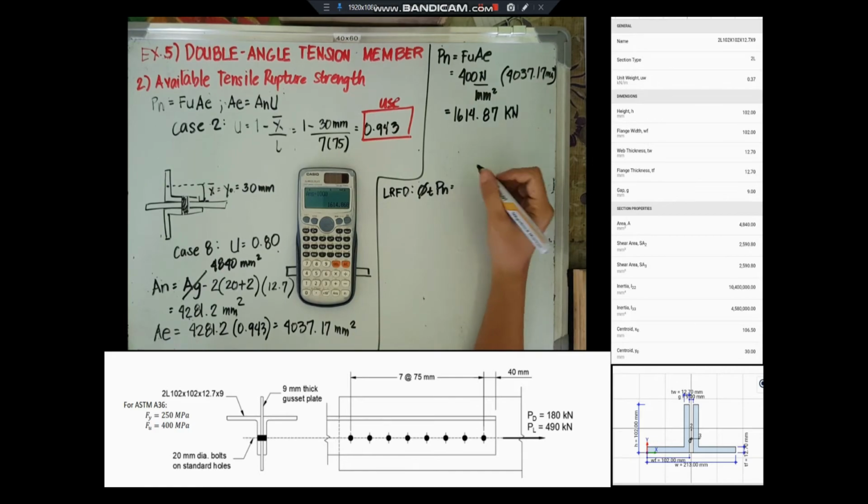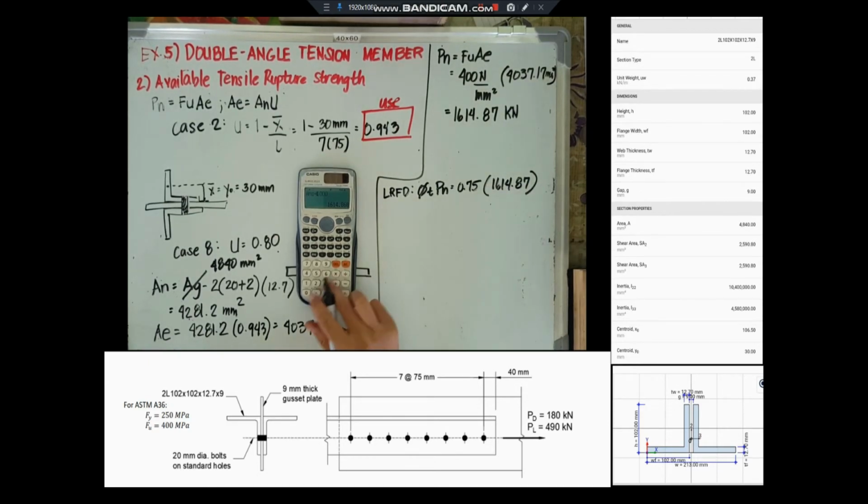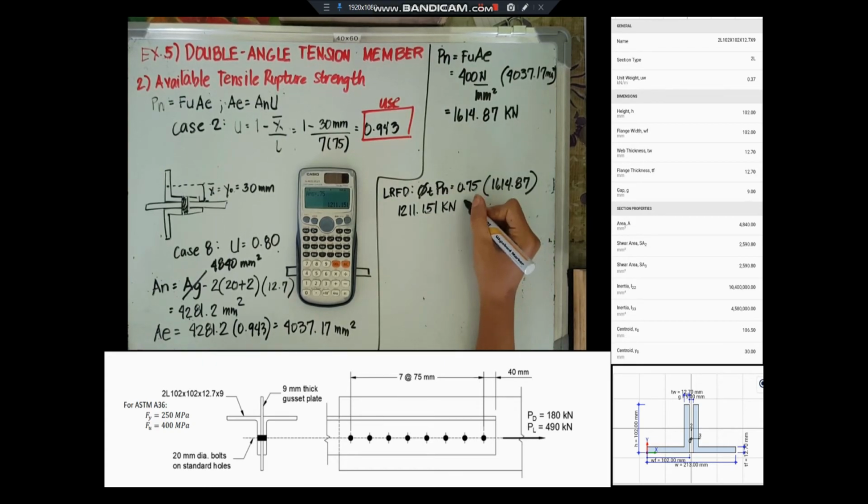We got 1,211.15 kilonewton, and compare it with our PU, or the required tensile strength, which is only 1,064 kilonewton. Okay.